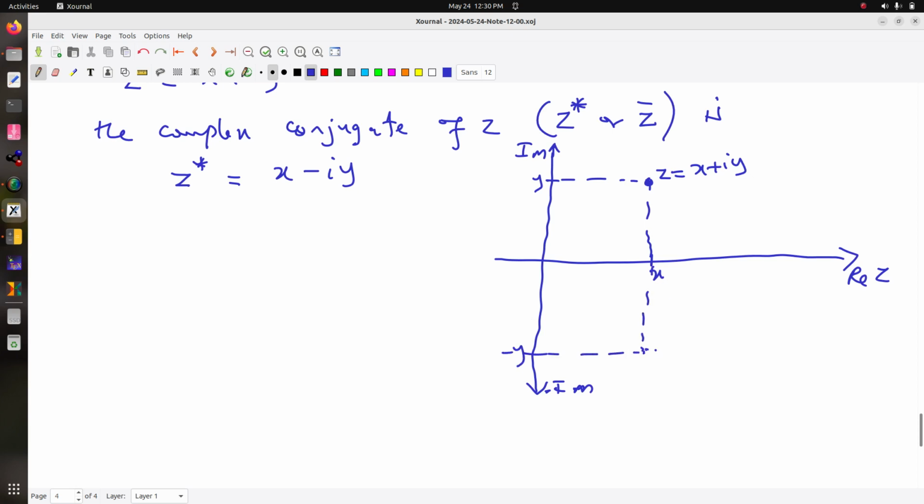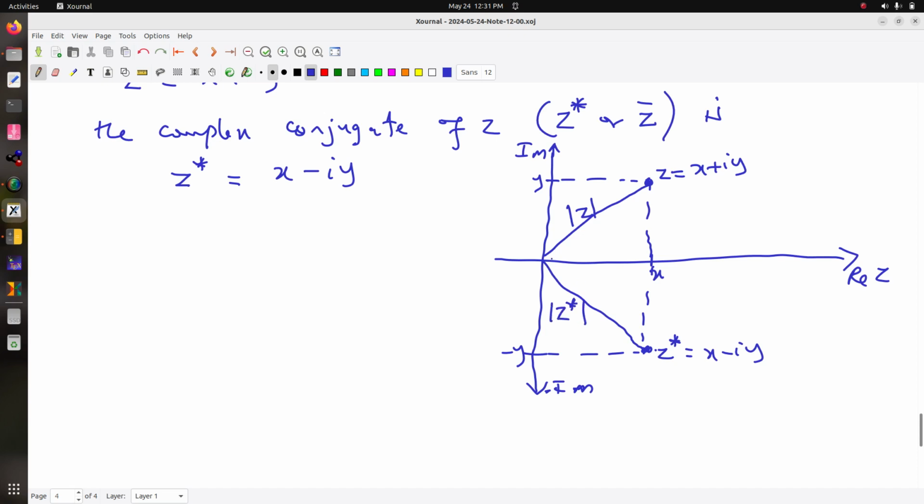So this is now z asterisk equals x minus iy. This is the modulus of z, and this is the modulus of z asterisk.